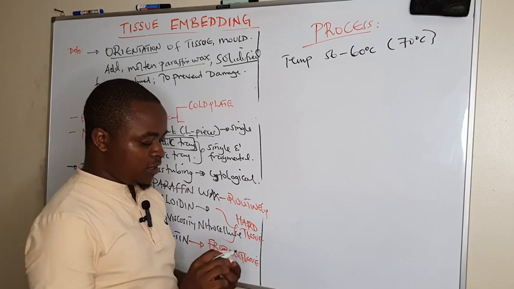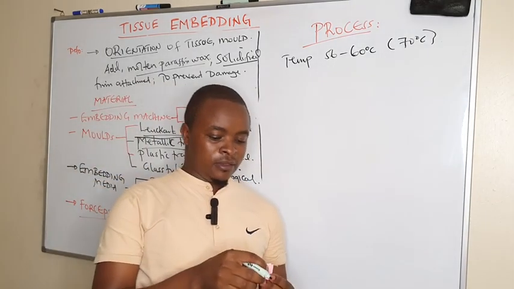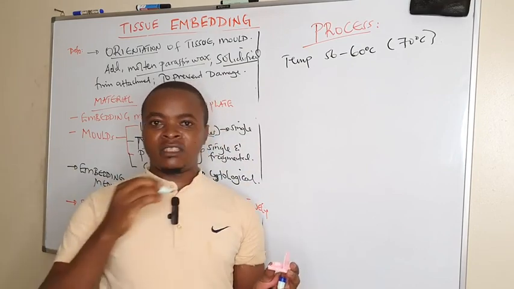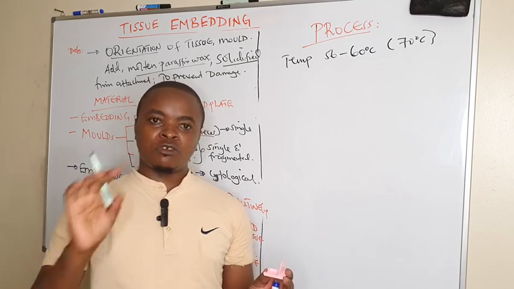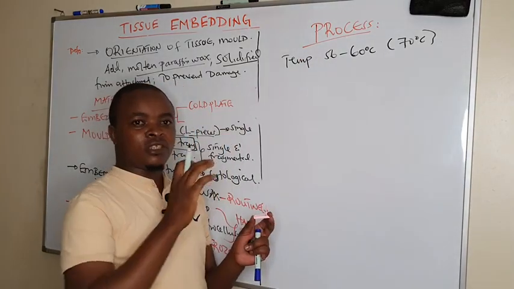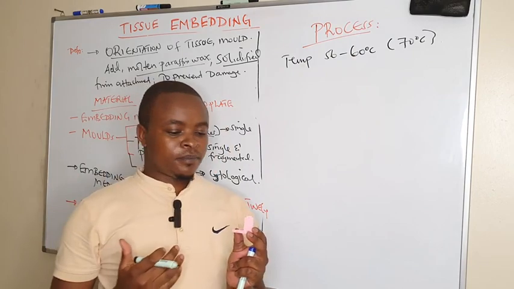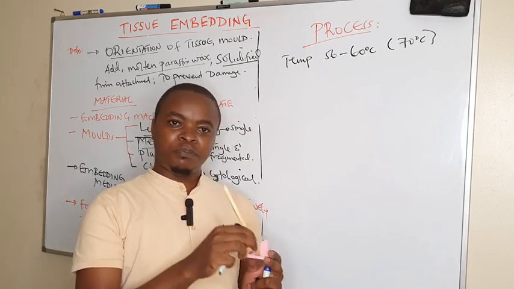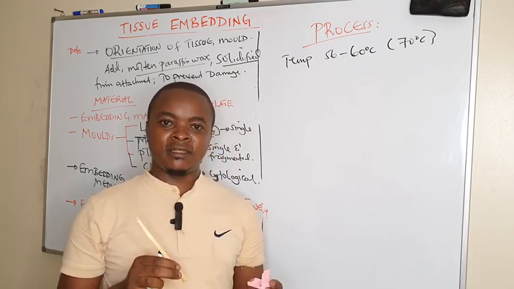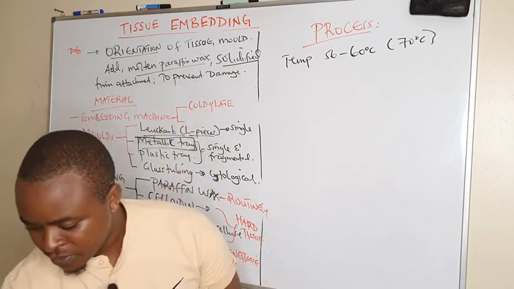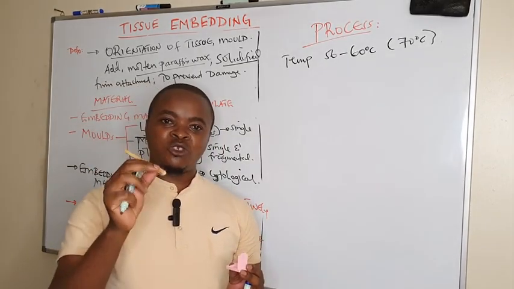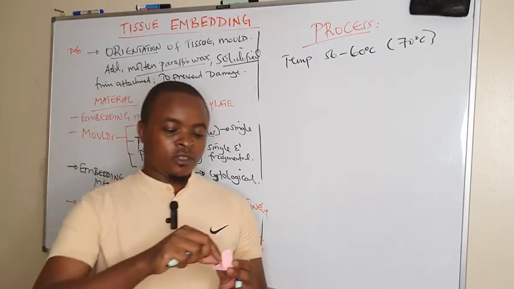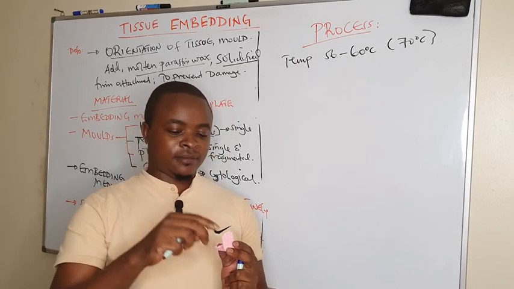After obtaining it, you open it, then using pre-warmed forceps, you pick the tissue. The forceps should also be warmed at this temperature, so the temperature should be the same. I'm improvising here, assuming this is a forceps, so you use it to pick the tissue from the cassette.